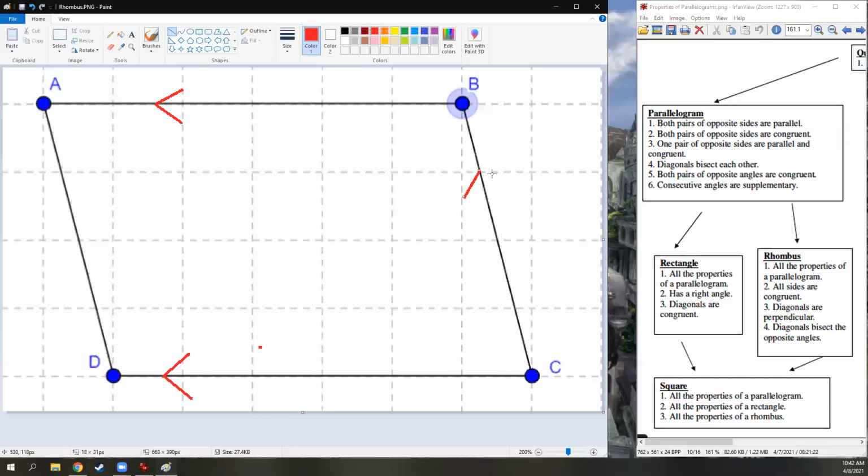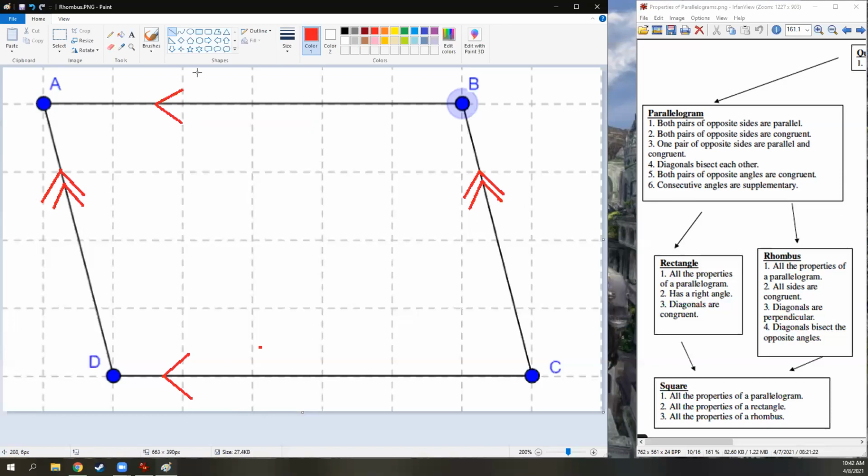And then this guy is parallel to this guy. So opposite sides are parallel.